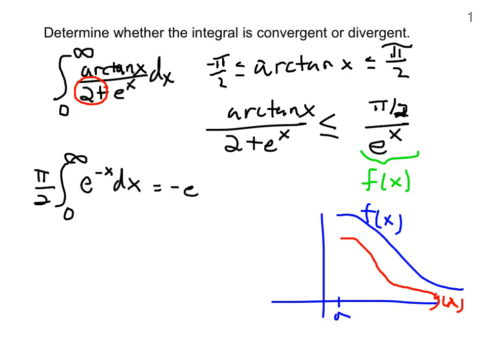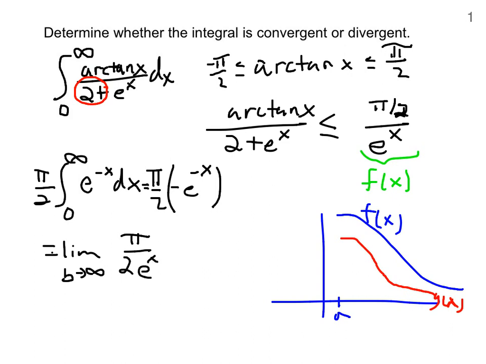So that's negative e to the negative x, with the pi over 2 out there. And we have to let the upper limit go to infinity. Let's write it as the limit as b goes to infinity, pi over 2e to the x from 0 to b.